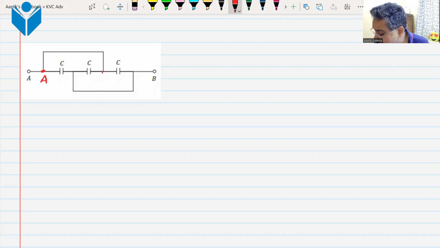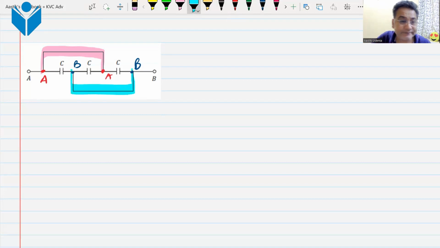There is no resistor, no capacitor, so all the points are A. If I go on the other side, if this point is B, this point is also B, and this point also becomes B. I hope you understand what I'm saying here.